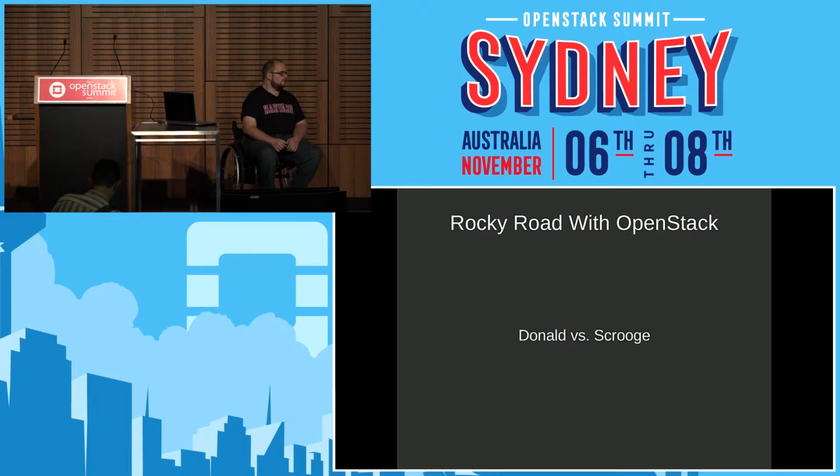And the other way is the one where money doesn't count so much, so you get new shiny hardware with a lot of performance and nice features and stuff like that to build your OpenStack on, because you would like to replace something which is already running and you would like to get the best out of it. So this is usually what you get, old hardware or new hardware.